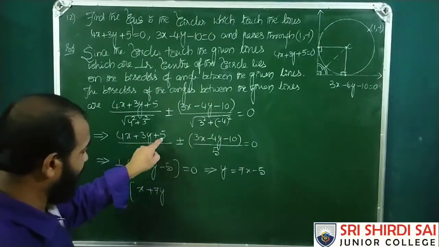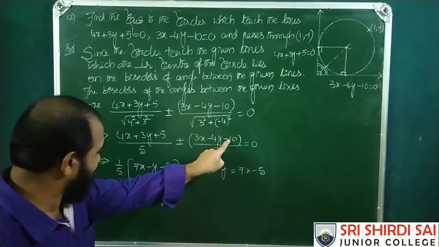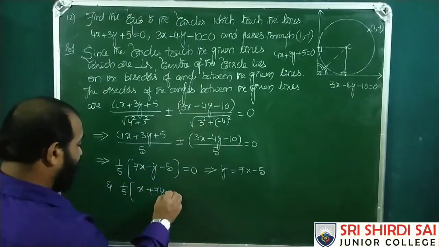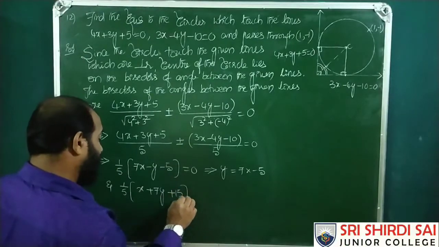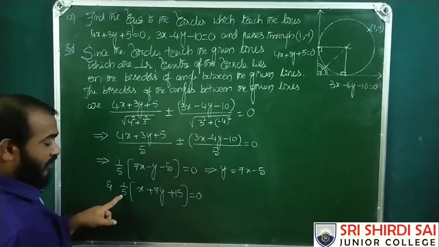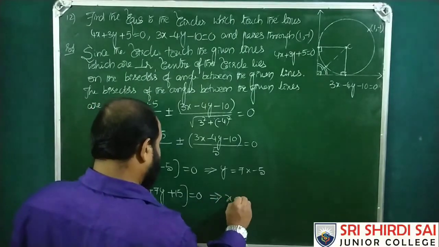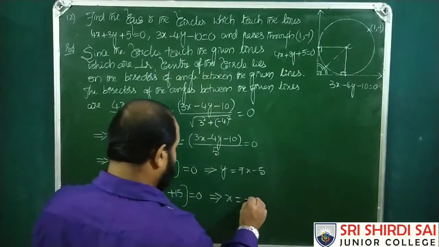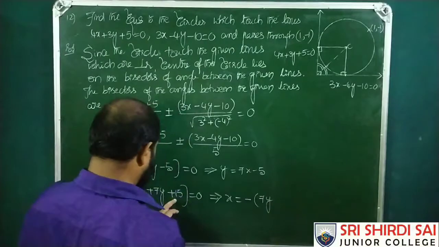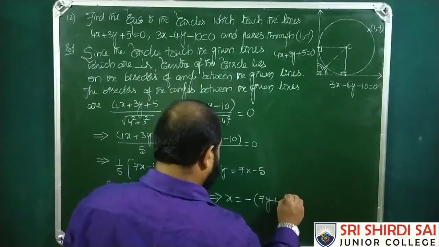Next 5 minus of minus plus 10, so that is 15 equals to 0. So this 5, if you take that side, 0. So from this, x is equal to minus of 7y plus 15.